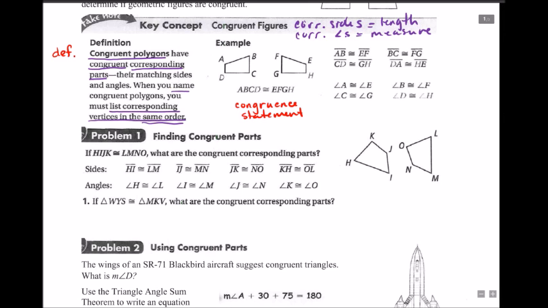We have quadrilateral ABCD, and it is congruent to quadrilateral EFGH. And so what we are looking at here is, if we look at this, it's position 1, 2, 3, 4, right? This is in position 1, 2, 3, 4.